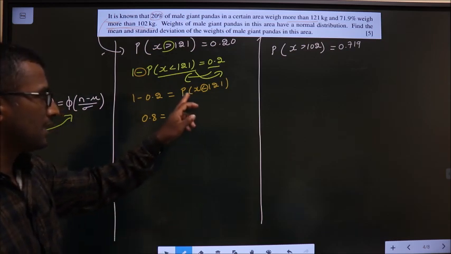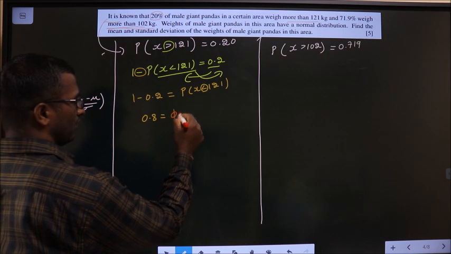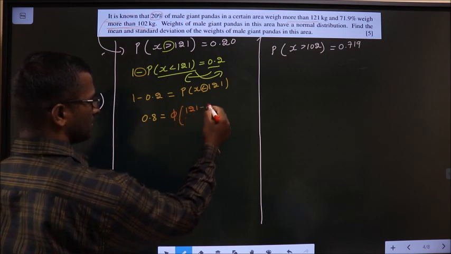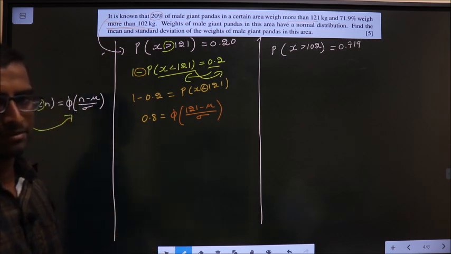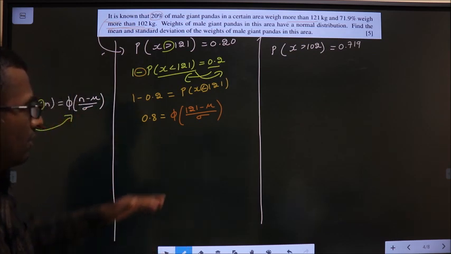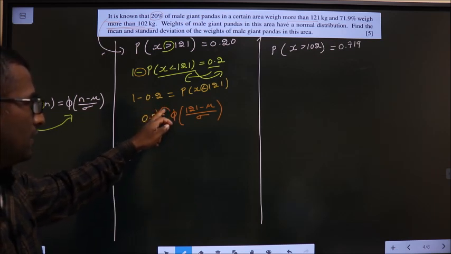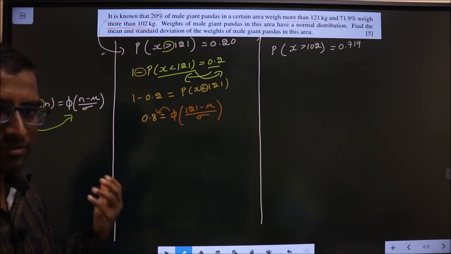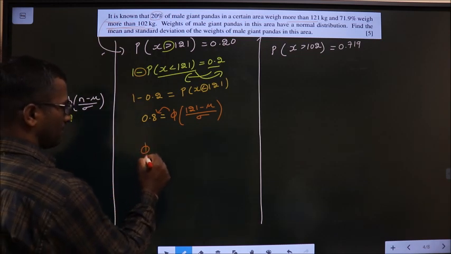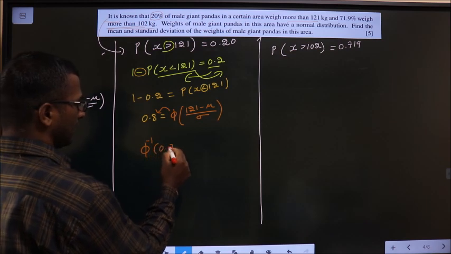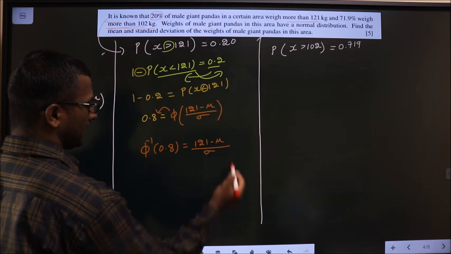So whenever it is less than, P will get converted to phi. So phi of 121 minus mean, not given, by standard deviation also we have to find. Now to simplify it further, we have to shift phi to the other side. So when you are shifting phi to the other side, it will become phi inverse. So phi inverse of 0.8 equal to 121 minus mean by standard deviation.